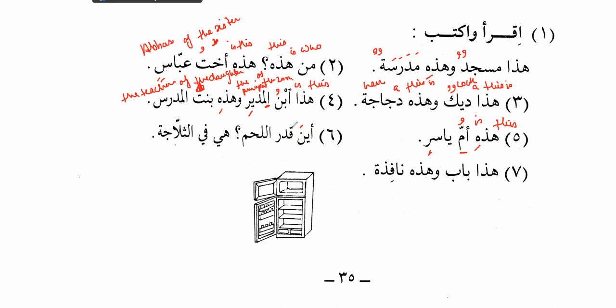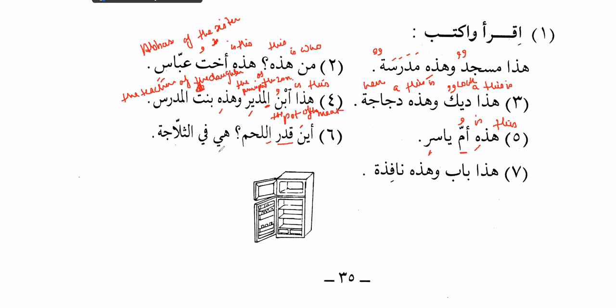أين قدر اللحم. قدر means pot. Pot, the pot, okay, because it's marifa. The pot of meat. Of the meat, because it's marifa. Where is the pot of the meat? Here.